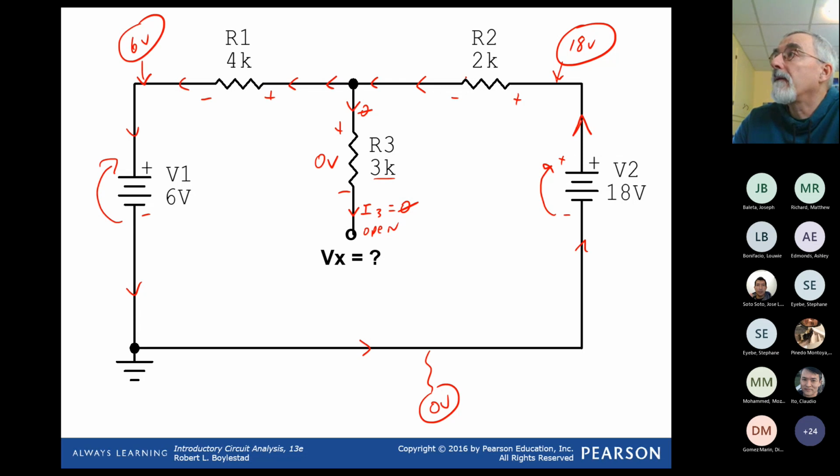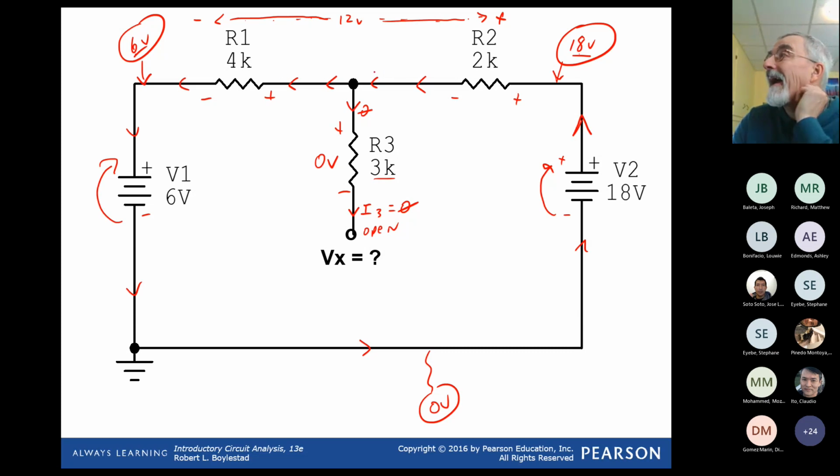And so I can see here that there's 12 volts dropped across 6K. From 18 to 6, it's a drop of 12, and this drop of 12 volts is across the 6K.